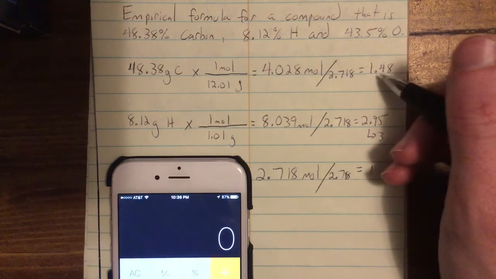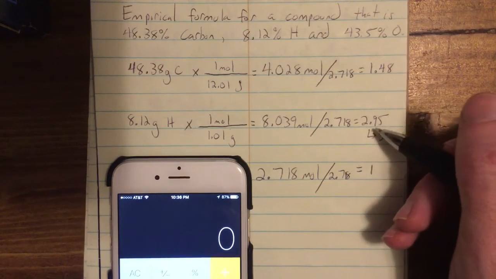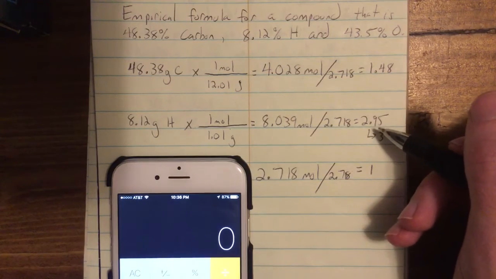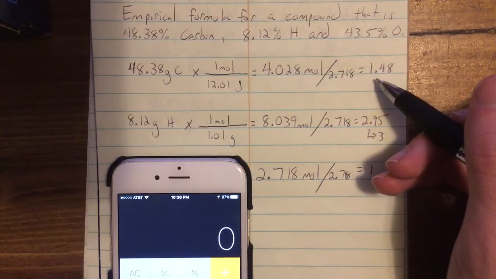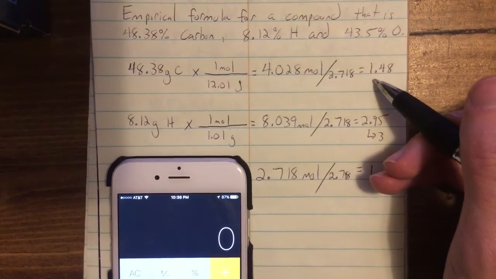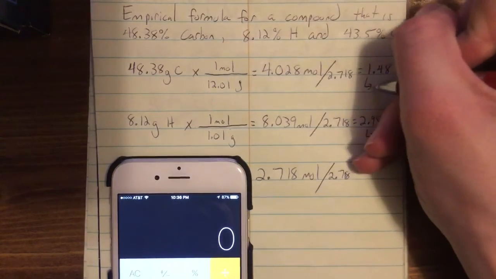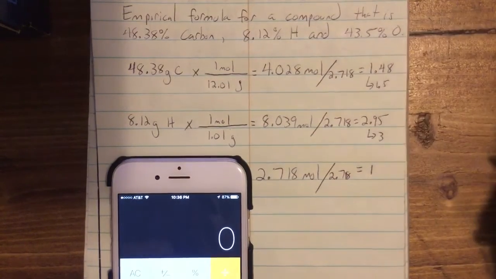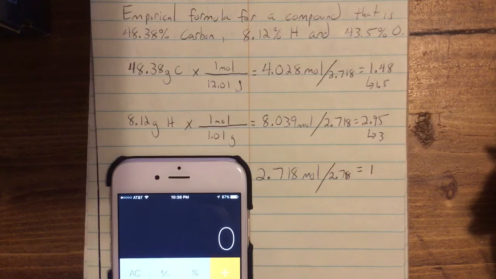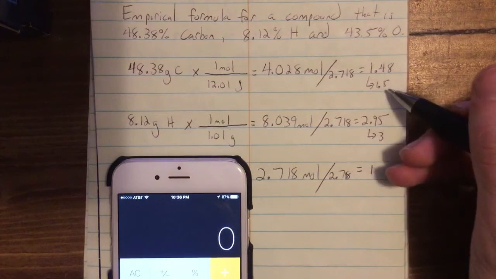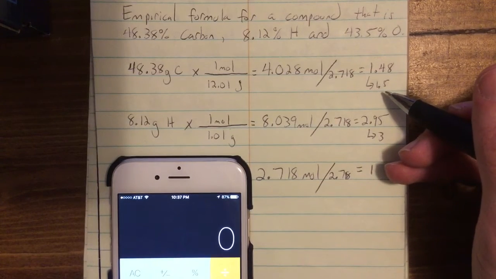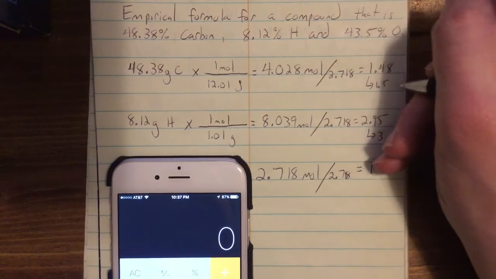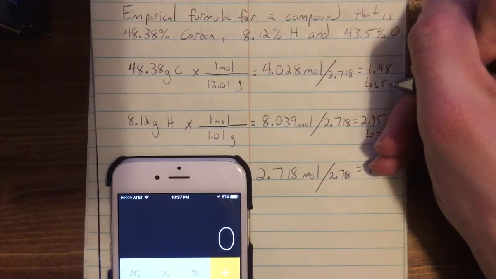Now, if you don't have a number that's really close to a whole number, like 2.9 or 1.9 or 8.9, if you have something that's dead set in the center, you have to multiply that number, which we'll say is 1.5, by the lowest possible number to produce a whole number. So the lowest possible number to multiply 1.5 by is 2. 2 times 1.5 is 3.